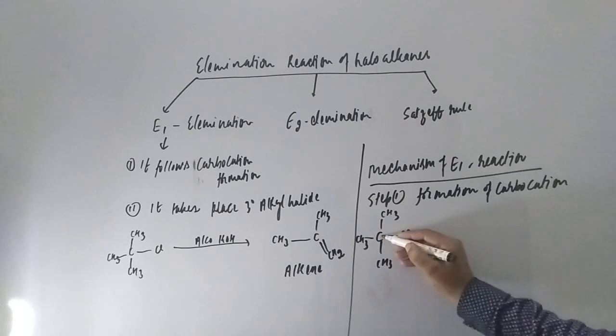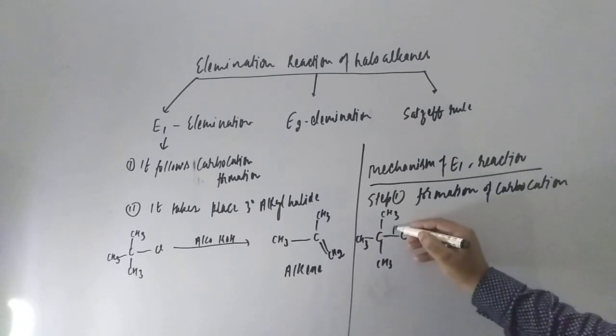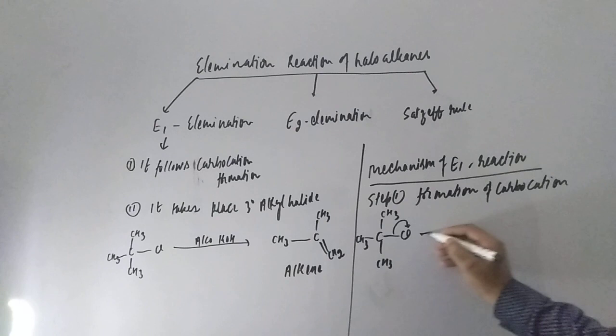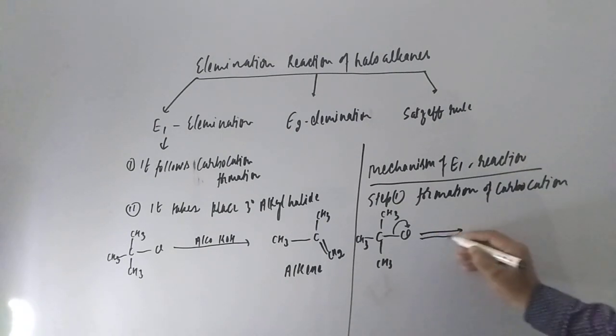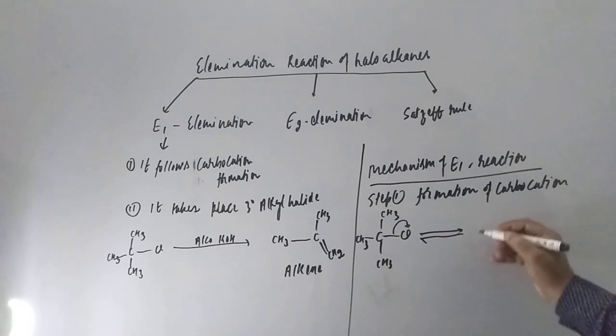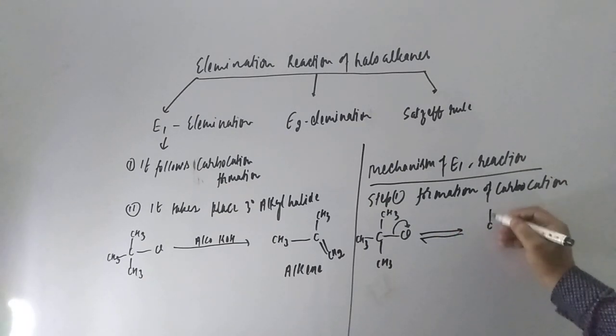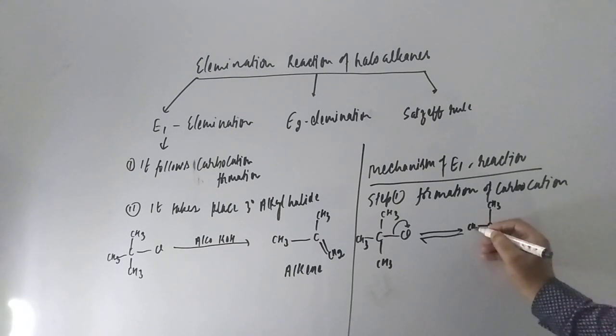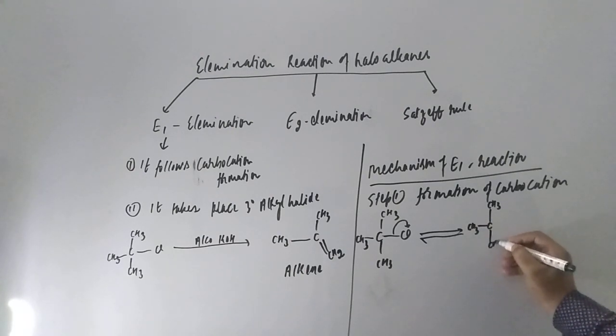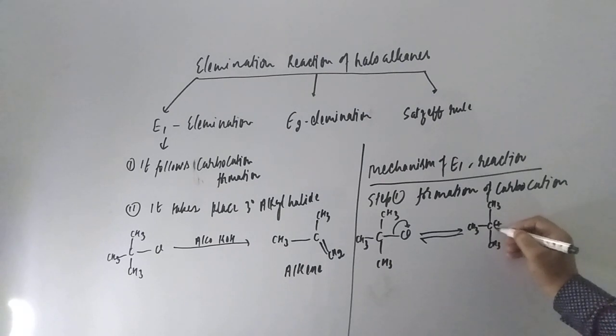Because of the difference in electronegativity, the fission takes place, and this is a reversible process. It will give CH3, CH3, CH3 and the positive charge.